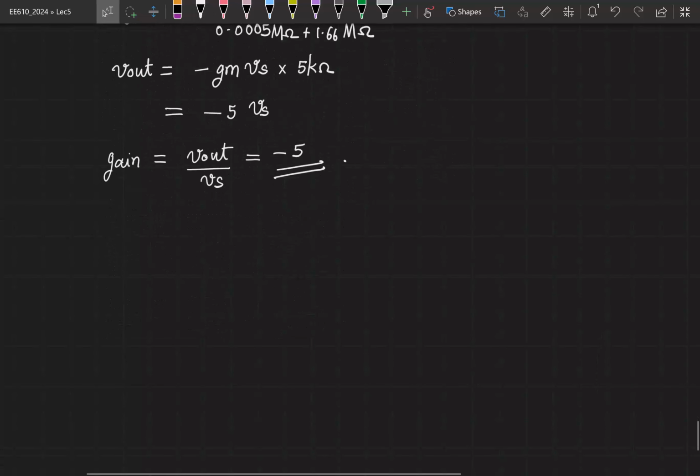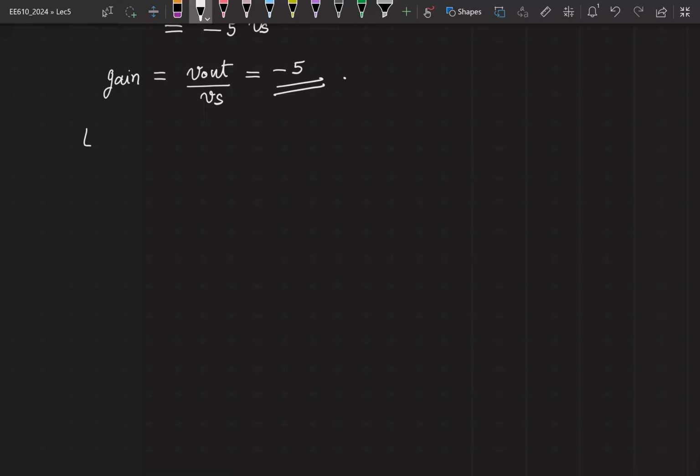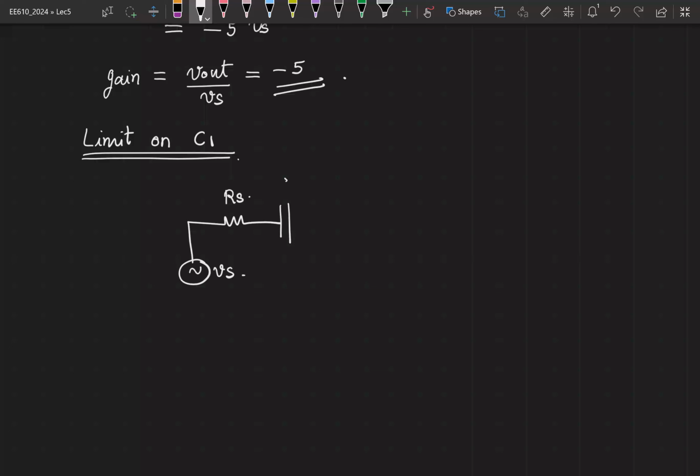Alright, so the next part is for us to calculate the limit on C1. So the corresponding circuit is, you have a Vs, you have Rs, C1 here, and Ra parallel Rb here.